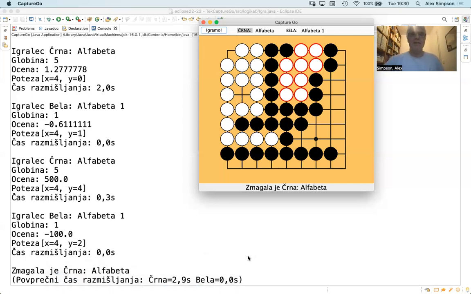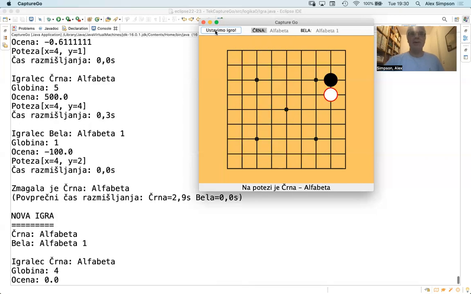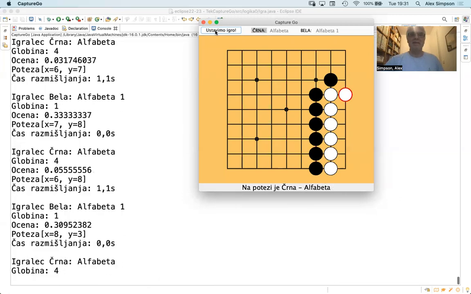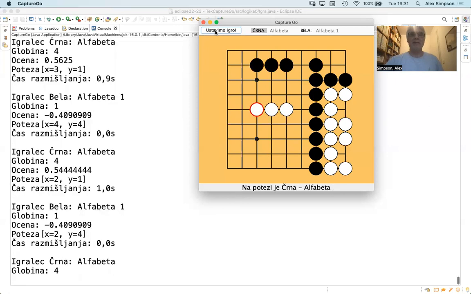Right. Okay. So let's just play one more game just to see that. Well, we'll see. So white's got a very small area there, but now it's going to. Well, we'll see what happens.